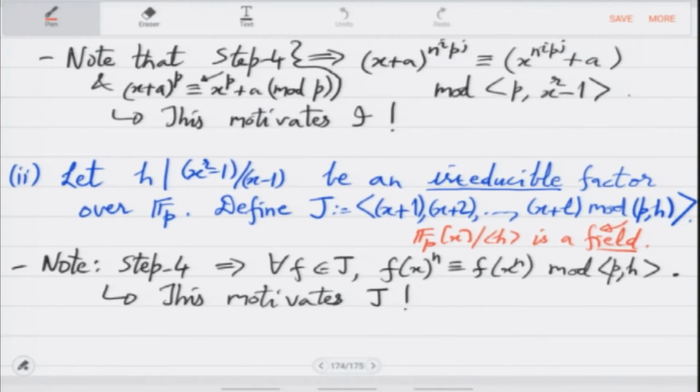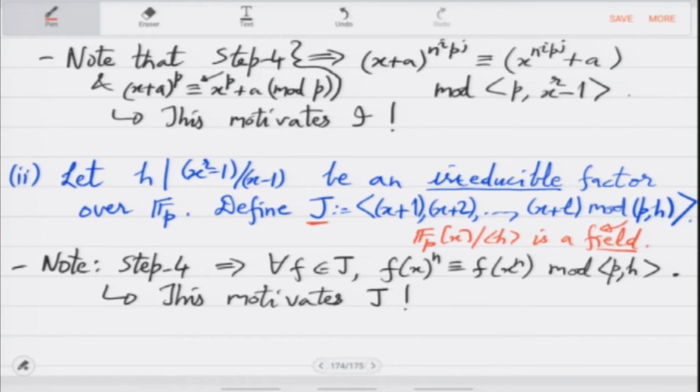The second subgroup is that of field elements. We are calling it J. This is the subgroup generated by these polynomials for which the test was done, x plus 1 dot dot x plus l, but viewed as field elements, mod p comma h, where h is an irreducible factor of x to the r minus 1 mod p.